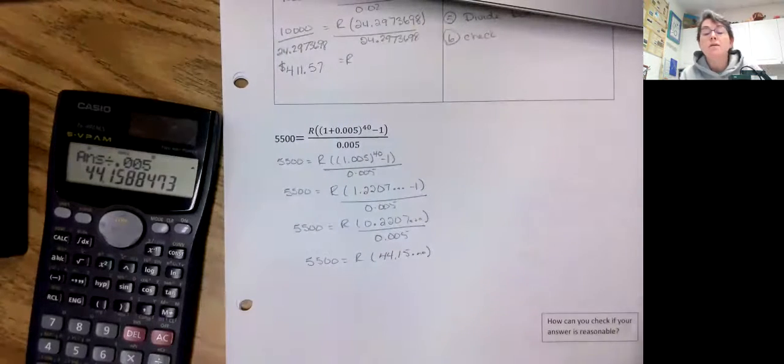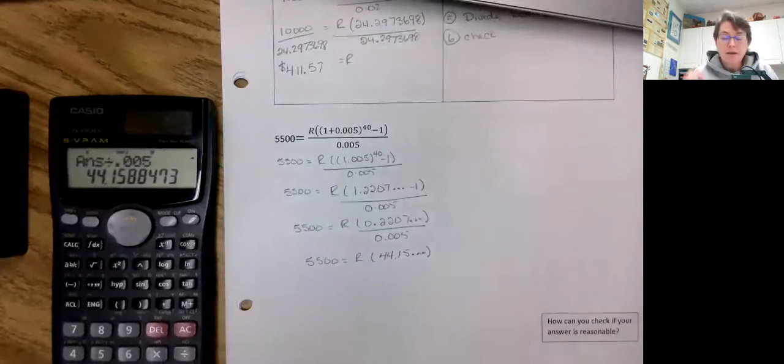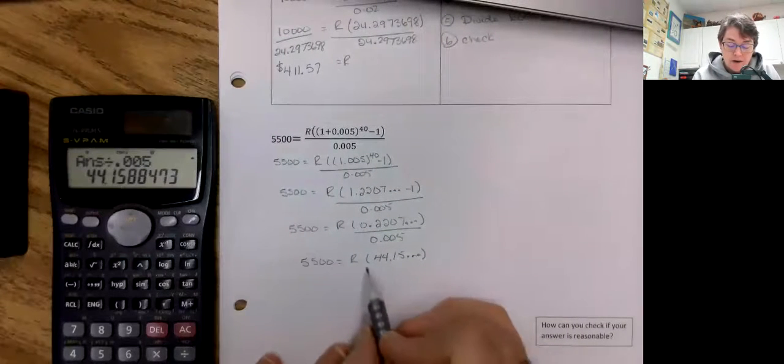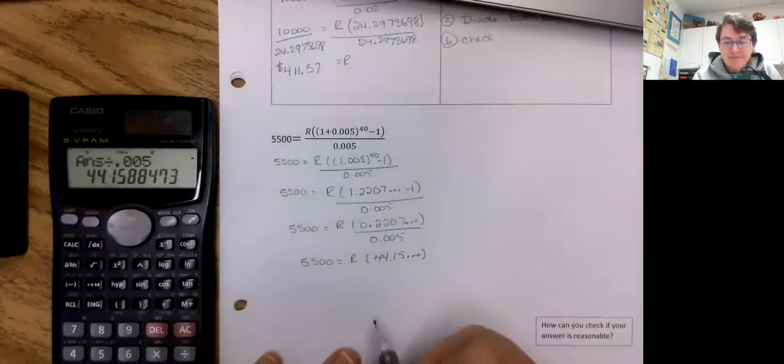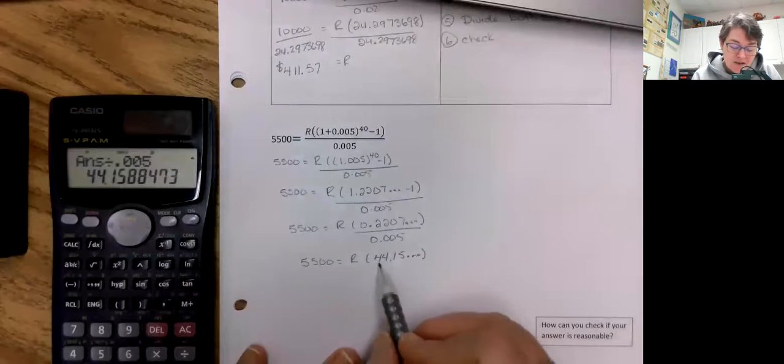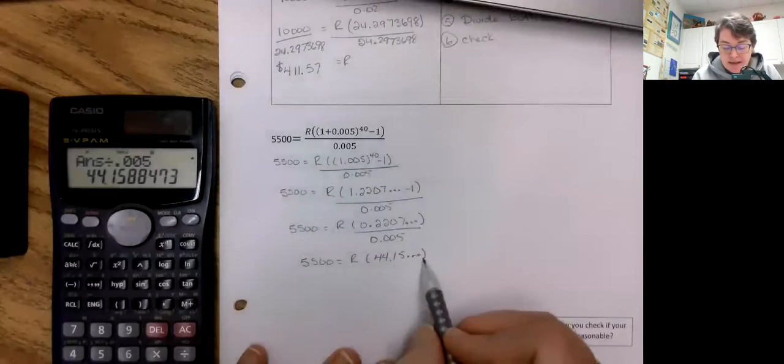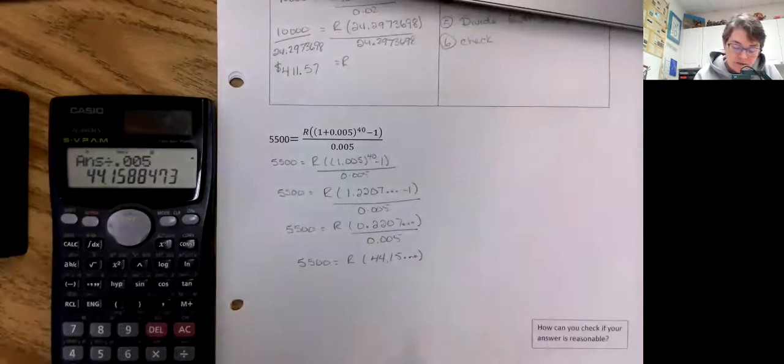See, I'm being lazy. I'm not writing it all out this time, because if you remember from before, if we need to divide by this, you can use the 1 over x key, or x to the minus 1.